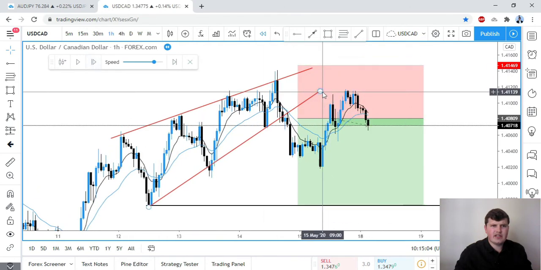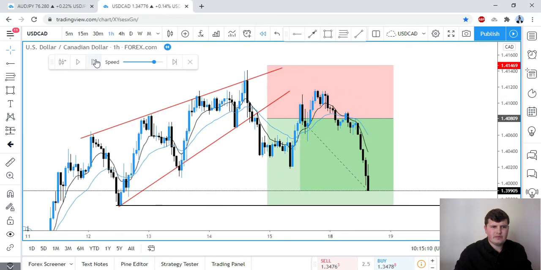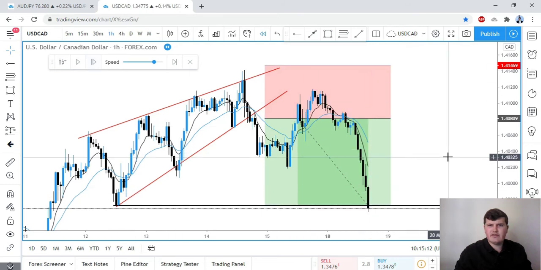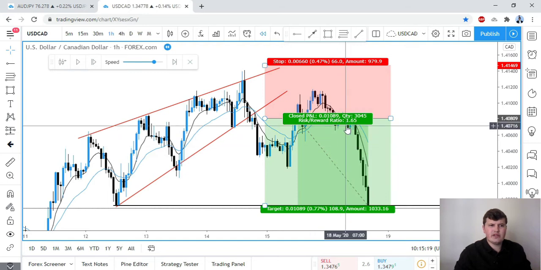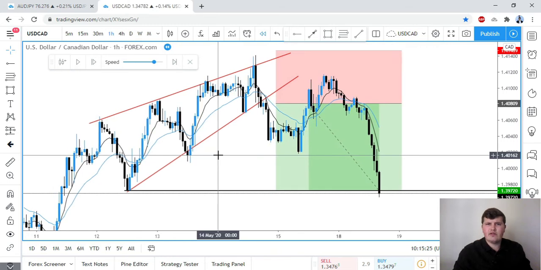It was rejected here at this area over here, and just aggressively to the downside, hitting our target area, and we are happy. This is a good risk to reward as well, 1 to 1.65, and that explains the rising wedge.